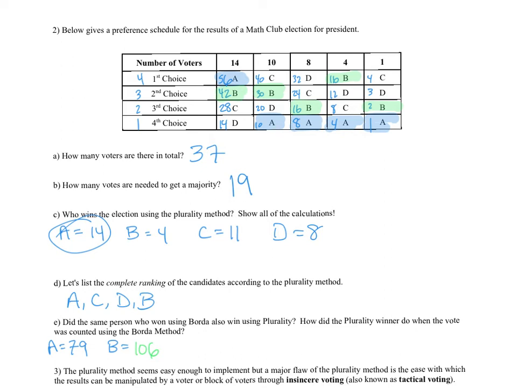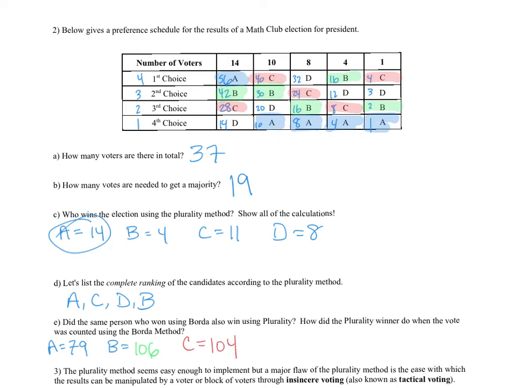And then C, do that in red. So C has 28 plus 40 plus 24 plus 8 plus 4, which is 104.